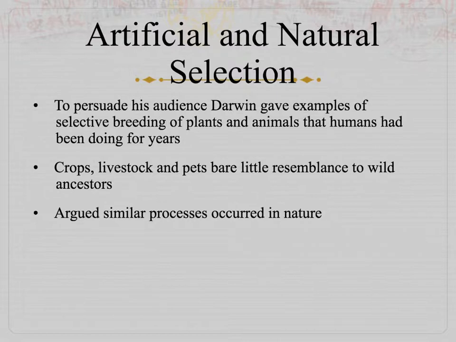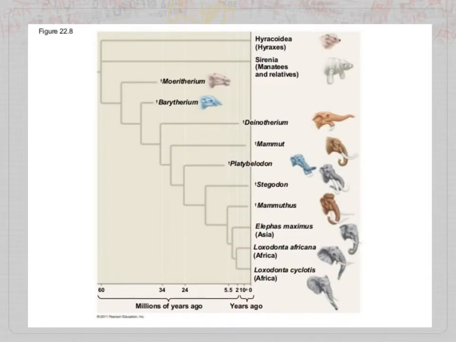In that, he also showed that crops, livestock, and the pets that they were keeping at that time had little resemblance to their wild ancestors. So his argument was that if humans can make this happen, then a similar process can happen in nature.